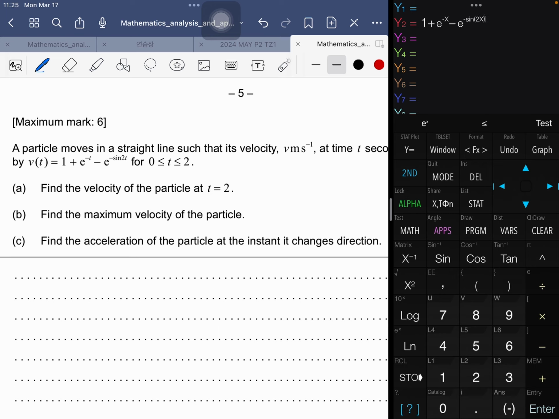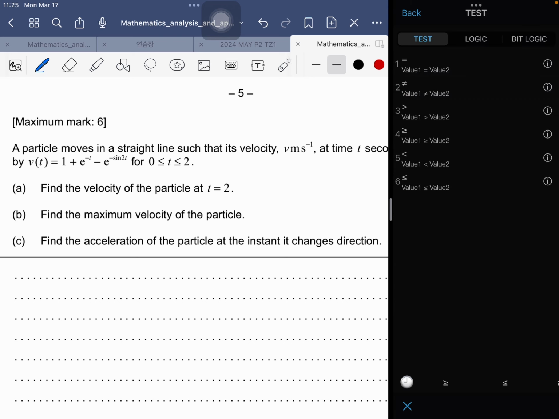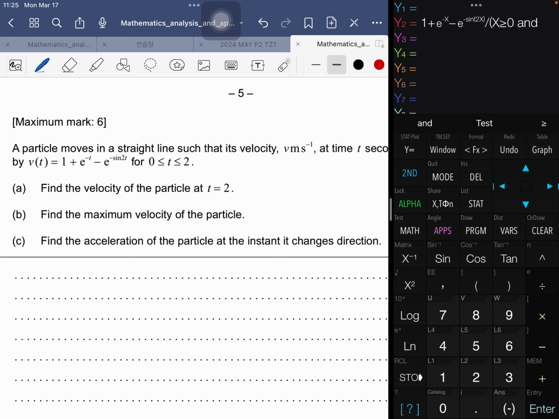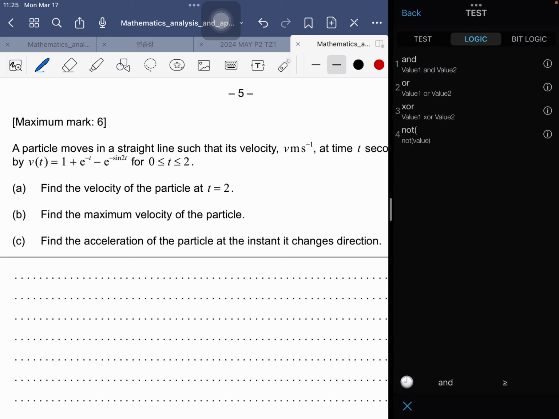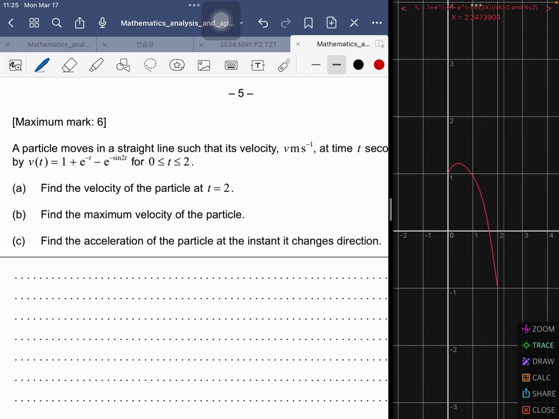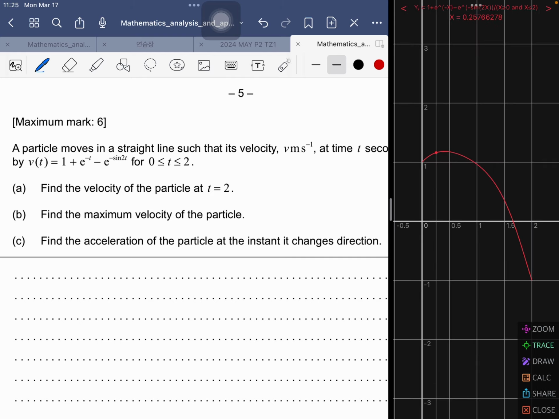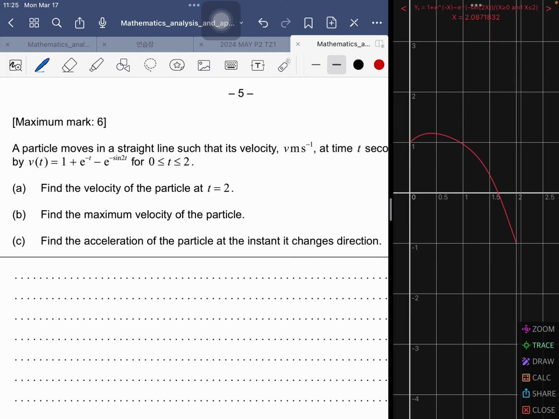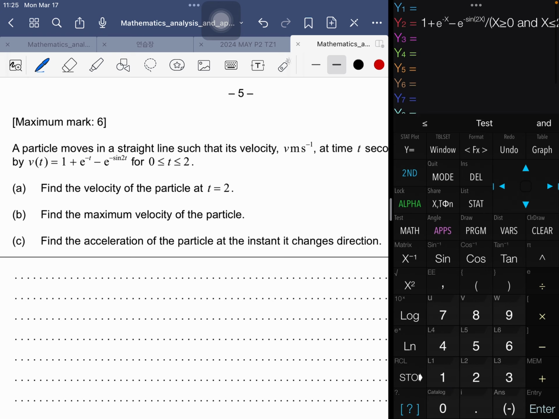The domain is restricted: x greater than 0, and x smaller than 2. So we can draw this function here. Let me confirm: 1 plus e to the negative t, minus e to the negative sine 2t. Okay, so this is the function.